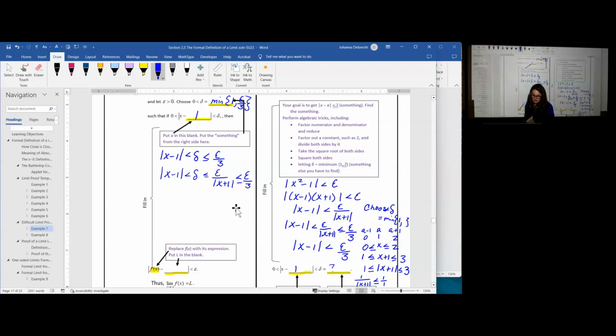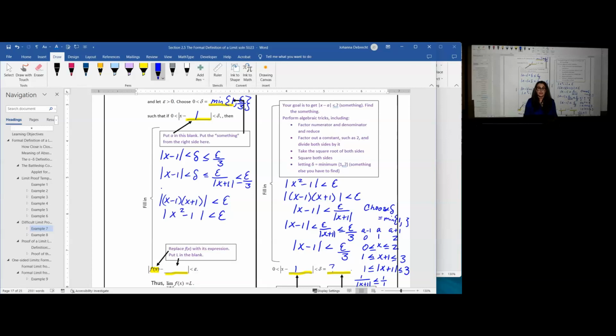And now the next thing we do, of course, is multiply both sides by the x plus 1. And this means it is strictly less than epsilon. Then we multiply that out to get x squared minus 1 less than epsilon.